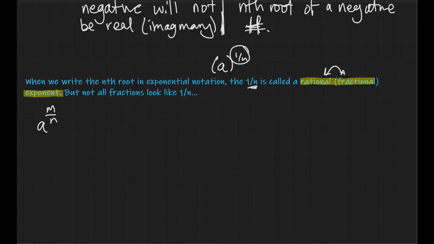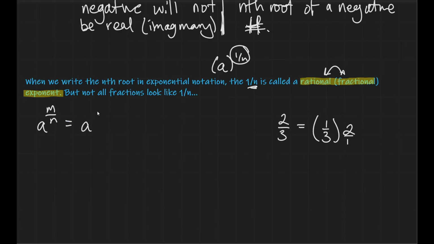Well, let's kind of dissect it a little bit, okay? For example, let's talk about the fraction 2/3. If you think about it, another way to write this is 1/3 times 2, right? Because when I do 1/3 times 2, it's just technically over 1, multiply across, I get 2/3, okay? This is convenient to us because I can rewrite a to the m over n.